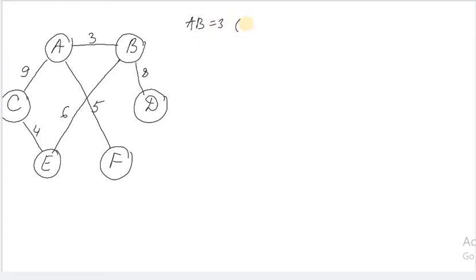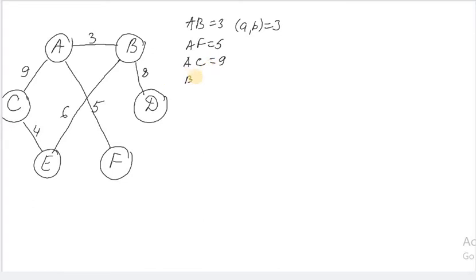Or alternatively you can write it as A, B, 3. And then we have A to F, and this is 5. We have an edge from A to C, and it costs 9.